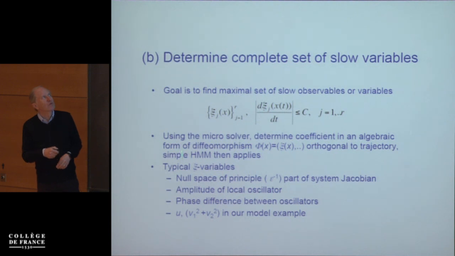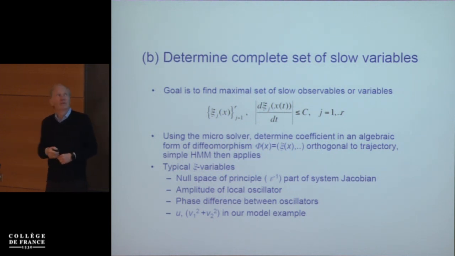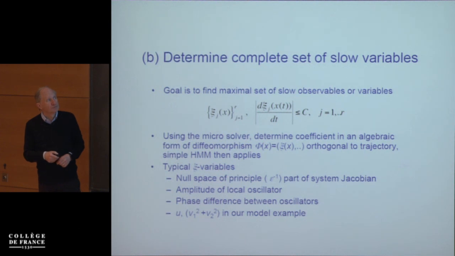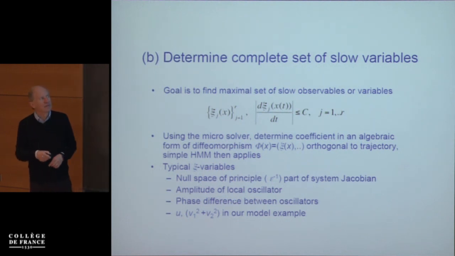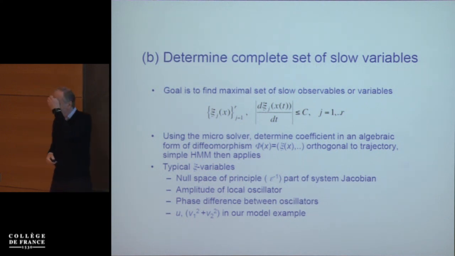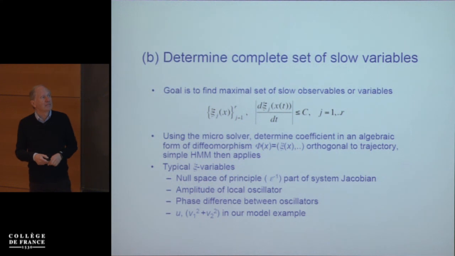What worked well was to determine a complete set of slow variables. Of course, the null space of the epsilon inverse part, which was slow to start with, is obviously a slow variable. The amplitude of the oscillator, if you have an oscillator of the type that you have, is a slow variable, and the phase difference between the oscillators modulo some factor is also a slow variable.